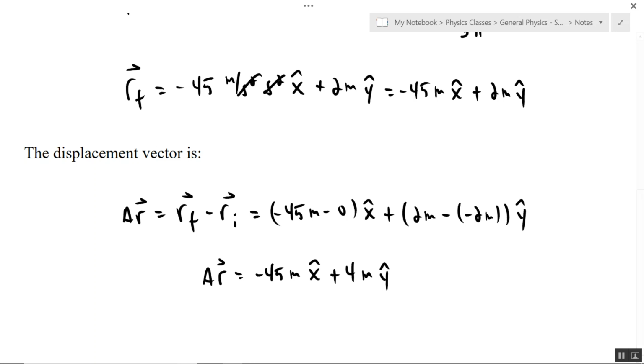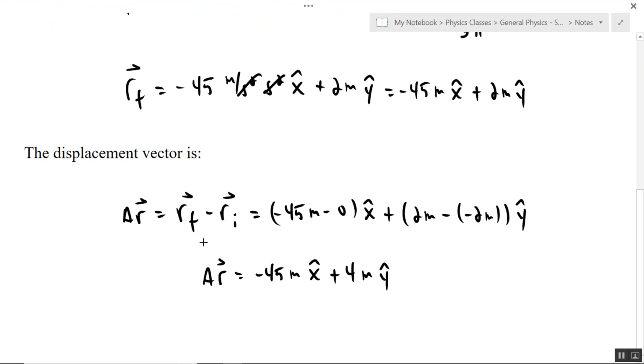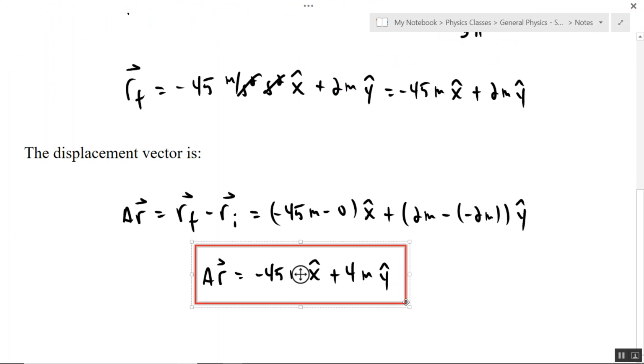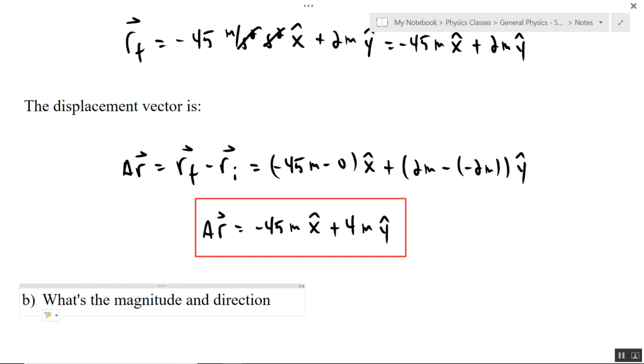So this is the displacement vector from 0 to 3 seconds. All right, so does that make sense? All right. We can do another part while we're here. If you have the displacement vector, you can apply what we did yesterday here.